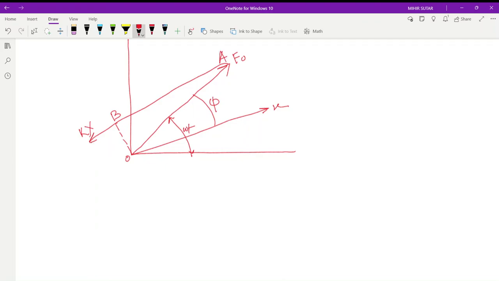And again from here, this component will be c omega x, and this will be your m omega square x.